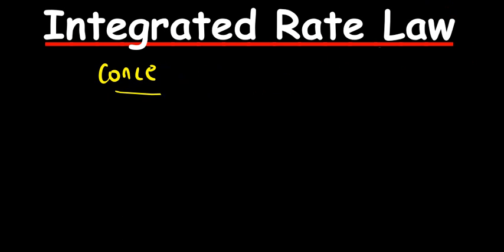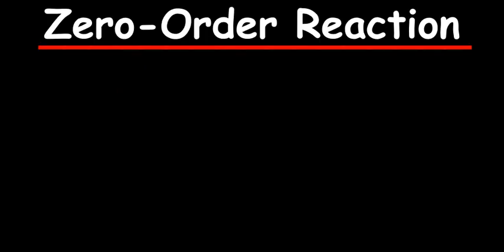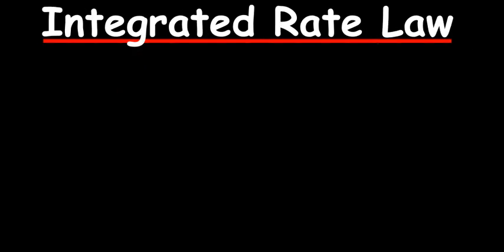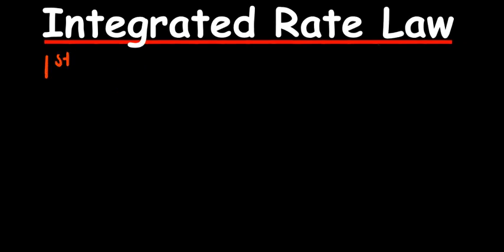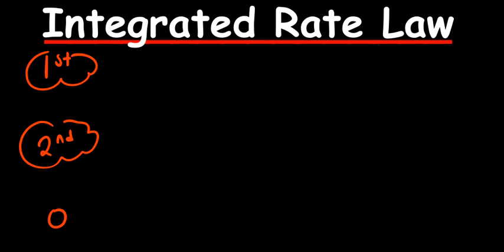Now what are you supposed to understand about integrated rate laws? Let's start with the first order reaction, then a second order reaction, then a zero order reaction. What is the integrated law for a first order reaction?